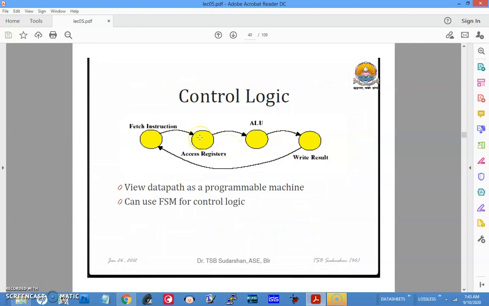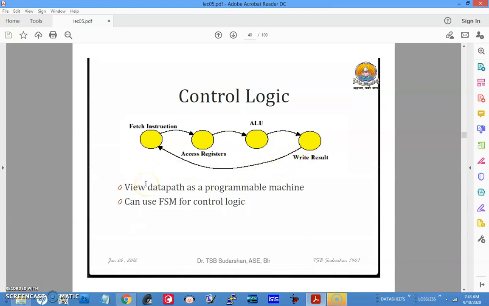Now, if you look at the way our multi-cycle data path works, it can be represented as a state machine. So fetch state, you are going to access register states, ALU execution. Then again, after writing back the result, you are coming back to the fetch of the next instruction.